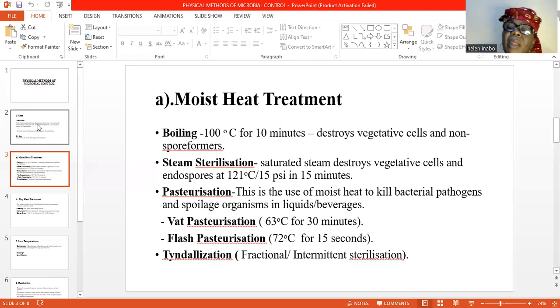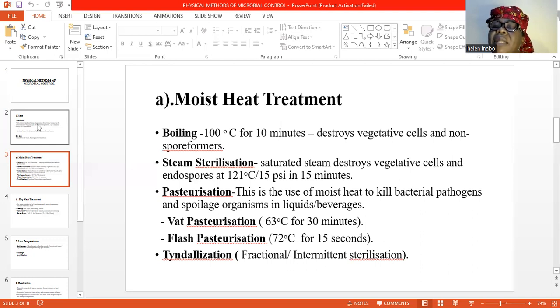The fourth type of moist heat treatment that can be used is tyndallization, though an old method, but it's important to mention it. Tyndallization was developed by John Tyndall, and it's known also as fractional or intermittent sterilization. The materials to be sterilized, whether culture medium, have to be loaded into the equipment and subjected to moist heat treatment at 100 degrees Celsius for 30 minutes.